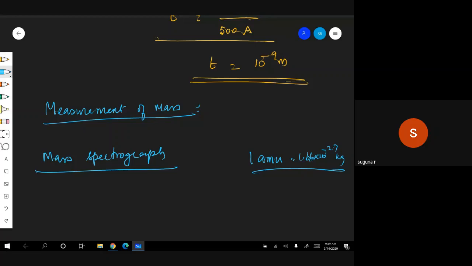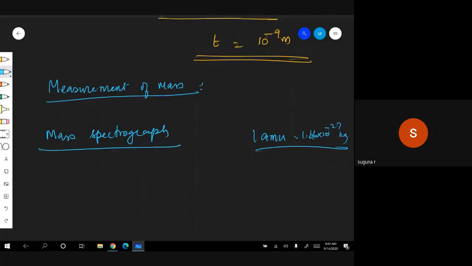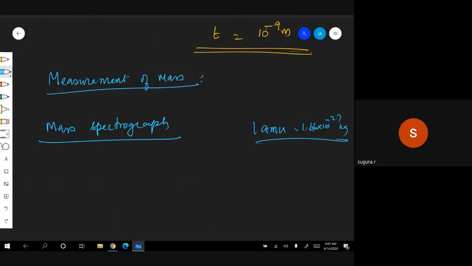Knowing how much electric field and how much magnetic field you have applied, you can readily find out the mass of the charged particle, which is of the order of AMU. Okay, so these are all the methods of measurement of mass.